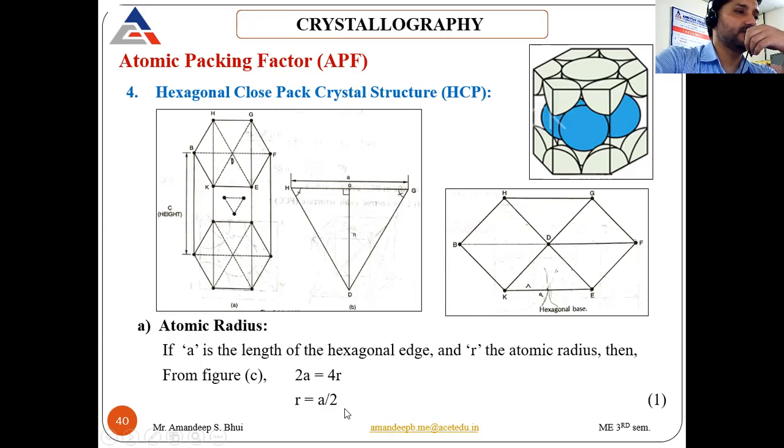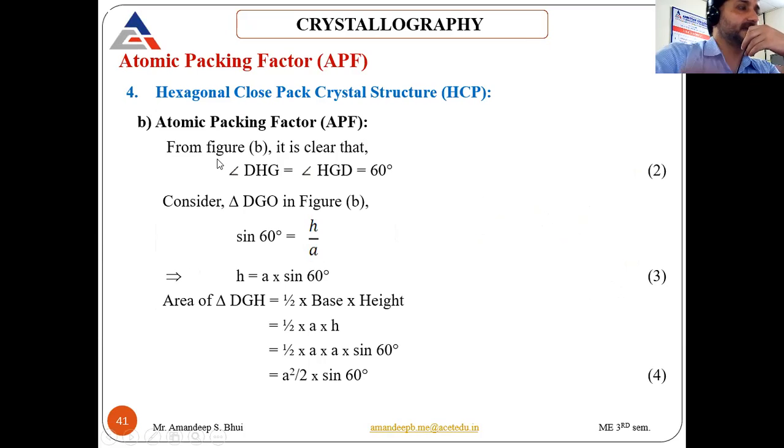This is the required correlation between the radius of the atom and the edge of the unit cell. From here, to calculate the atomic packing factor, we need to calculate the volume of this unit cell. For that, we first need to calculate the area of the base.